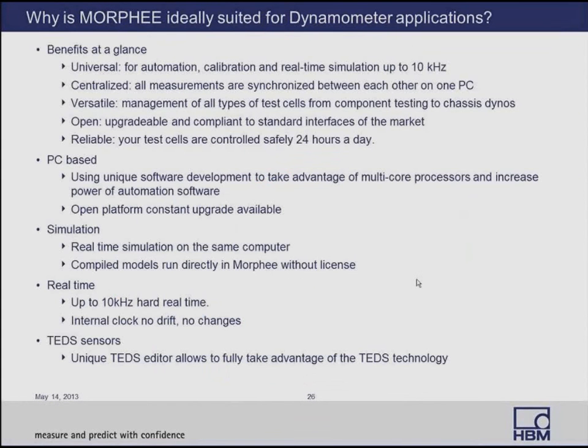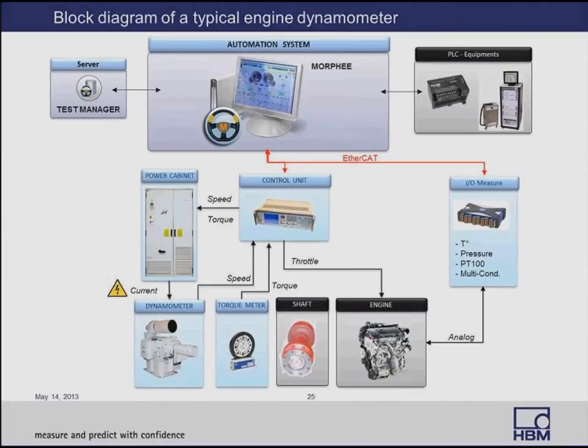Now we will go through a typical Dyno application. In this case, it's an engine Dyno application, as you can see. You have the engine, which is connected through the shaft and torque meter to the dynamometer, and you have the automation system, which is Morphee in this case.